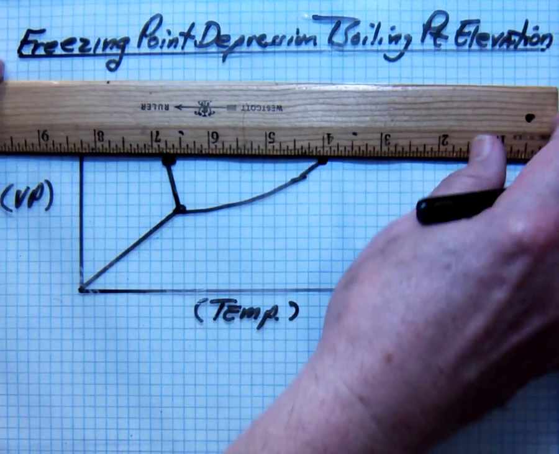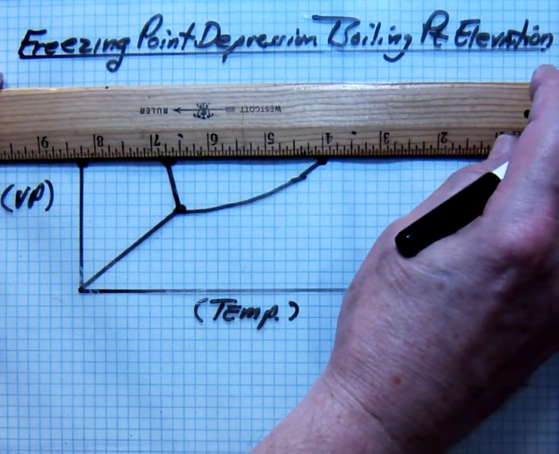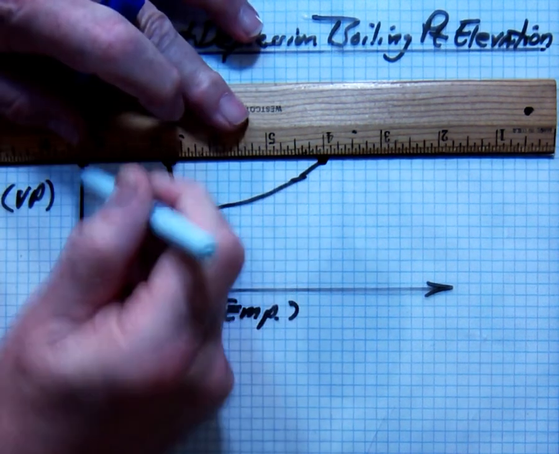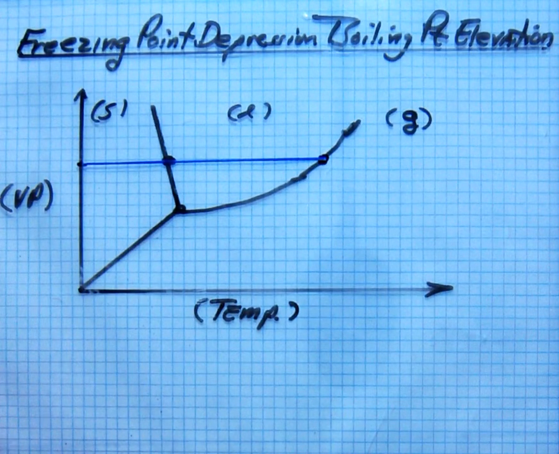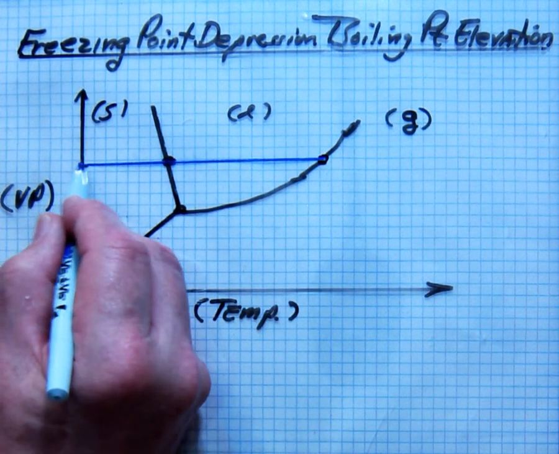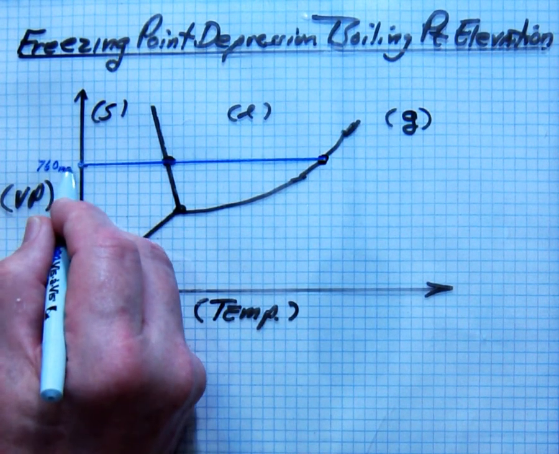So what I'm going to do is go right across here, draw a line. I'm going to use a little color here to emphasize a couple of things. So I'm going to come across here, and this will be the normal vapor pressure of 1 atmosphere, or 760 millimeters.